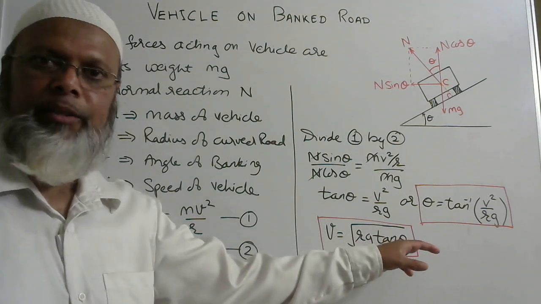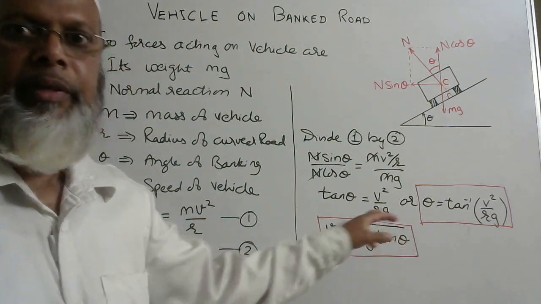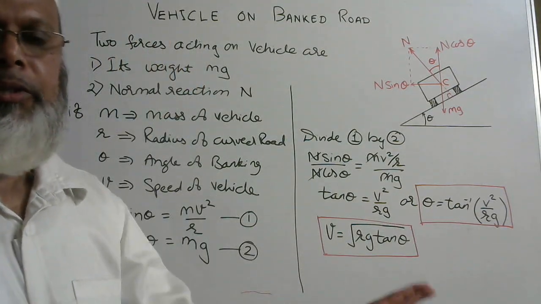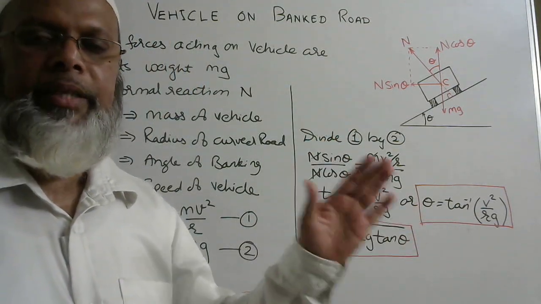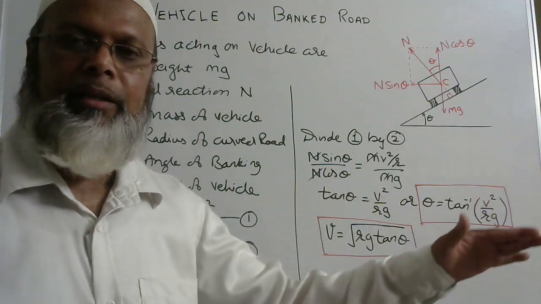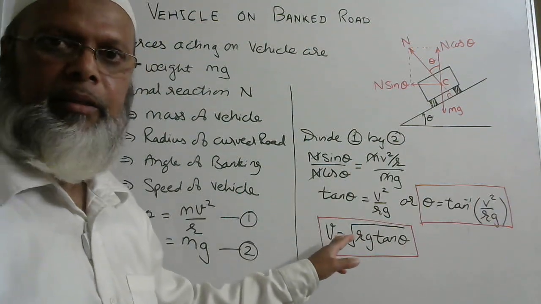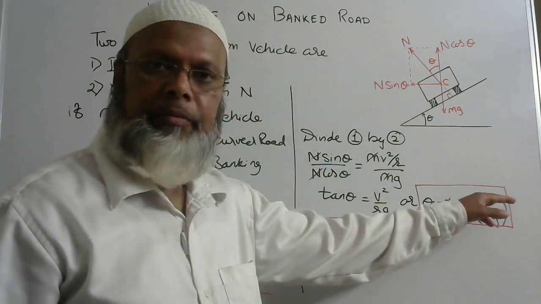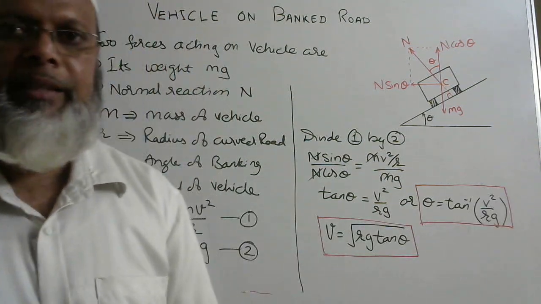If you know all these three quantities r, g and theta, we can determine v. Okay, we can determine the speed of the vehicle on that particular curved road.